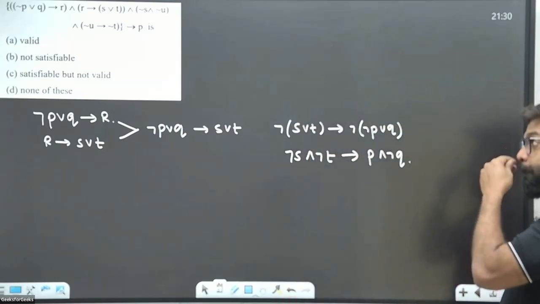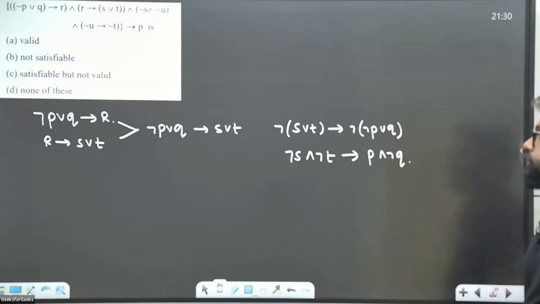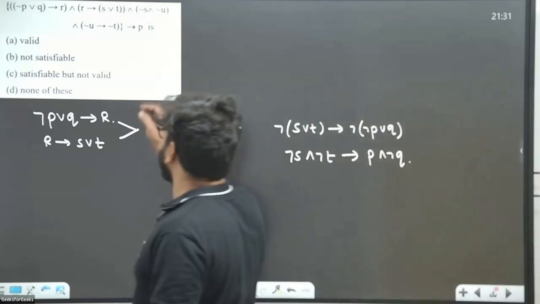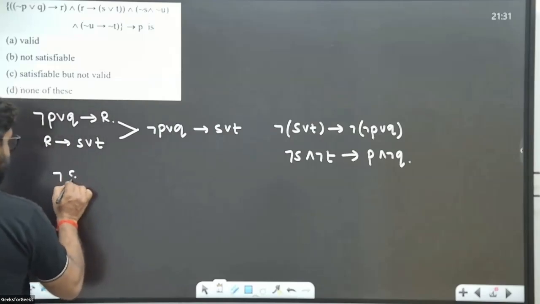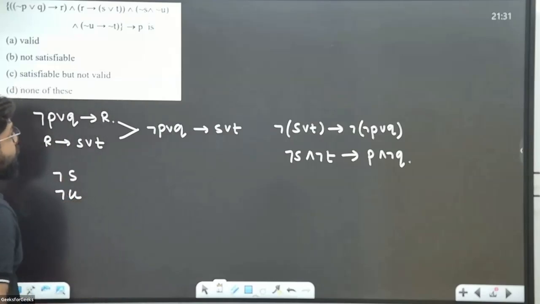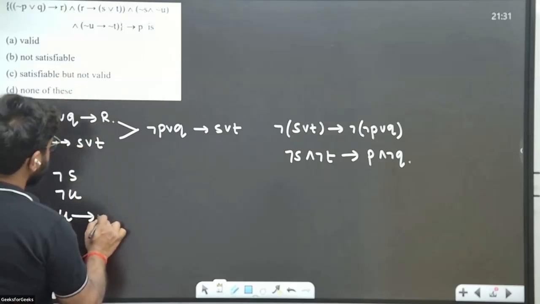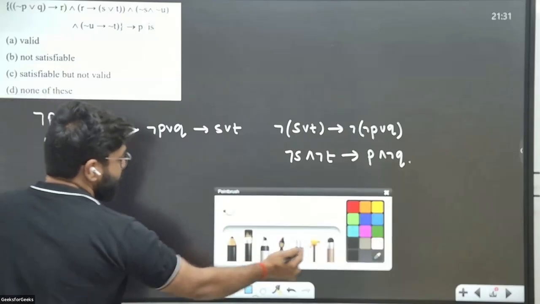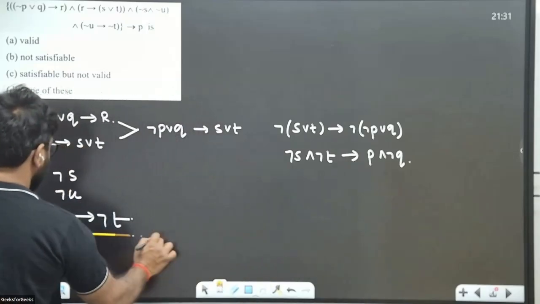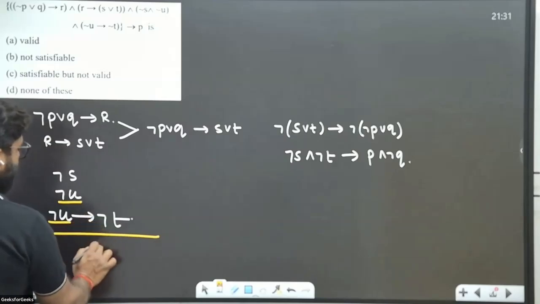No problem, right? Okay. Now here we are having negation of S. Can I write these two as two different things? Yes, sir. Now here this will become negation of U implies negation of T. If you combine these two, negation of U, what will you get?